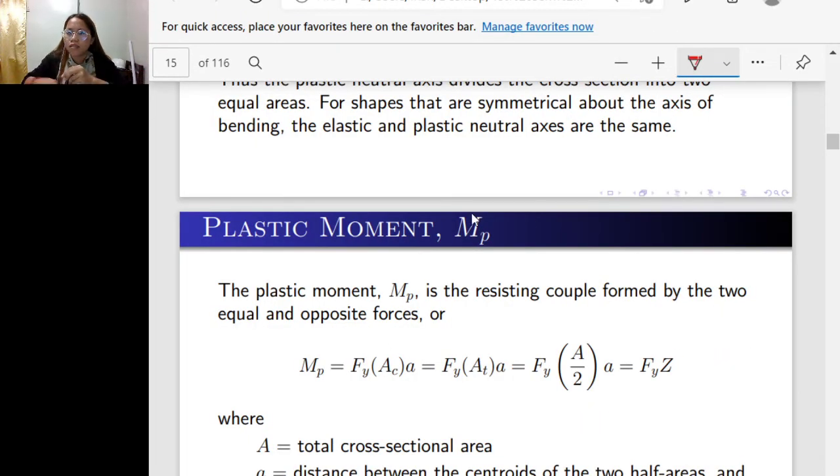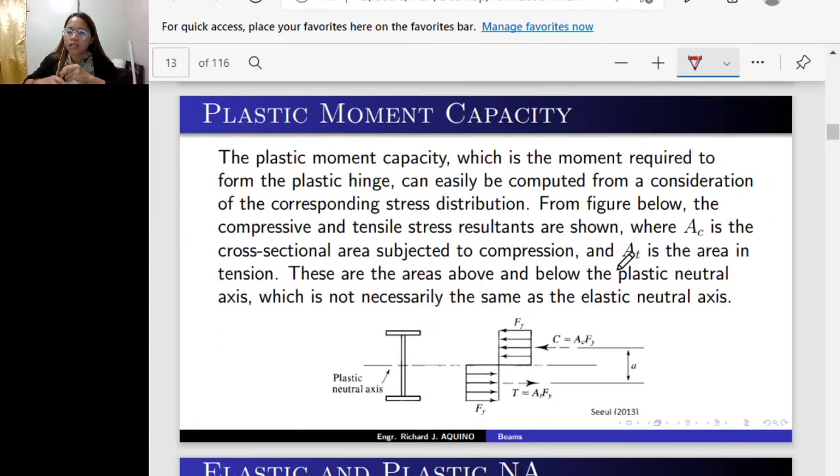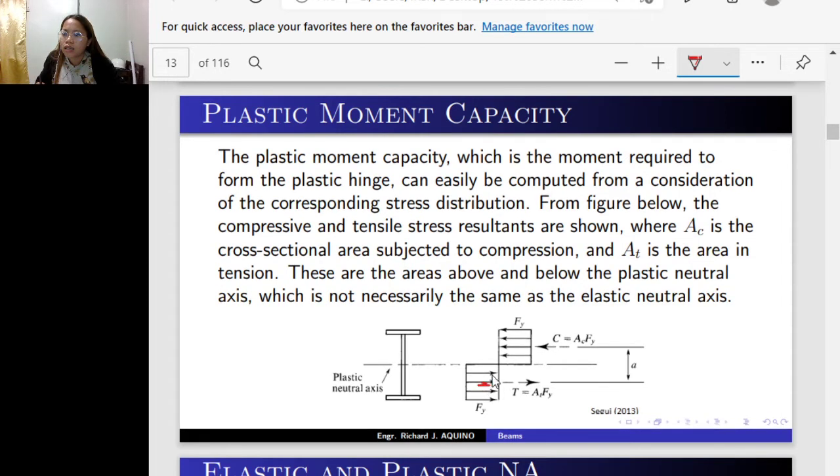So actually that is equal to this one. You can take moments at the tension side of the section, at the center of the tension side. The moment at the tension side is equal to C times the moment arm.